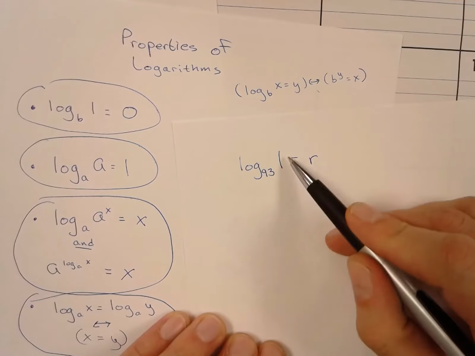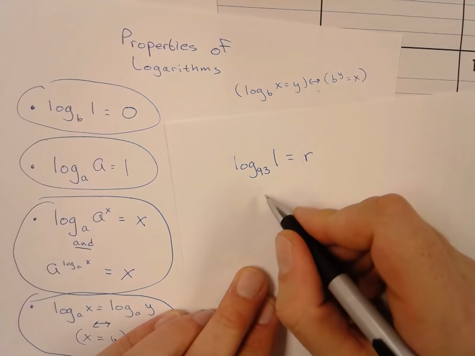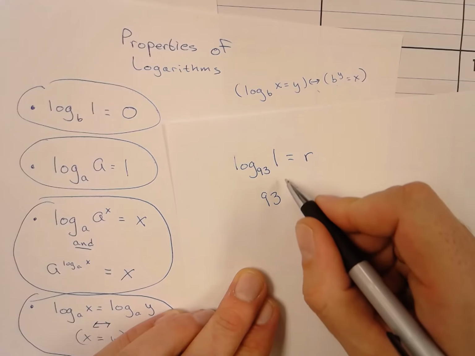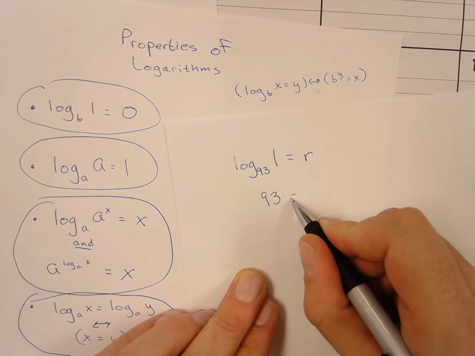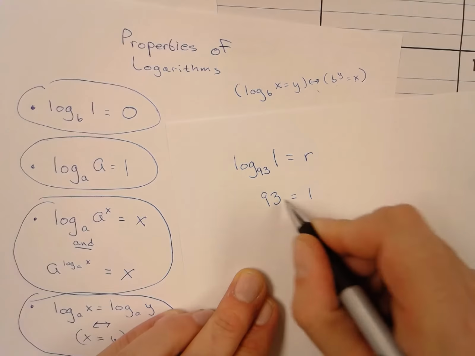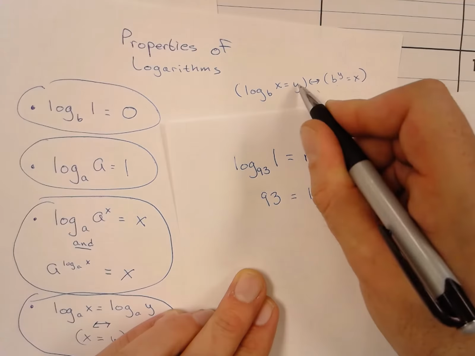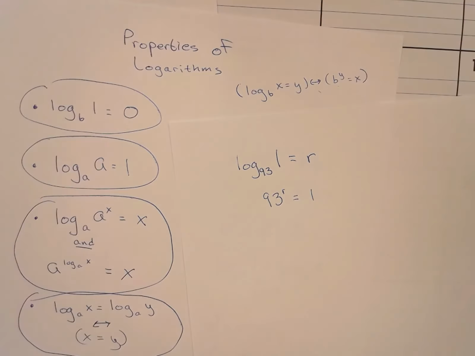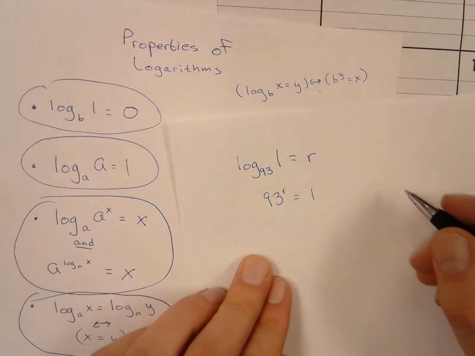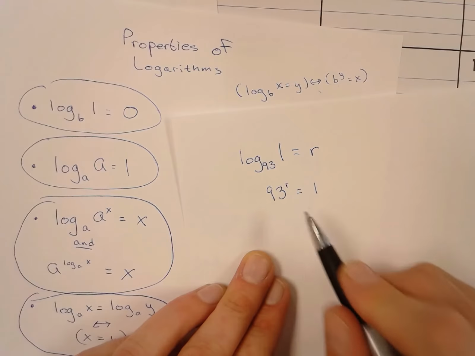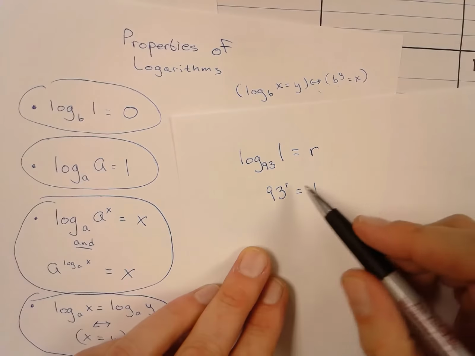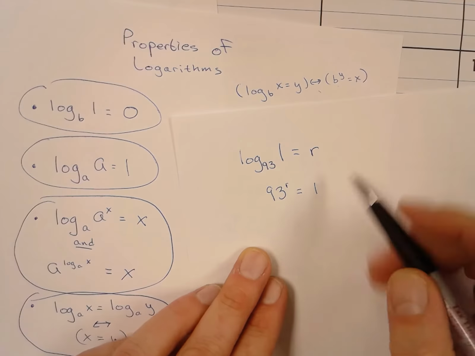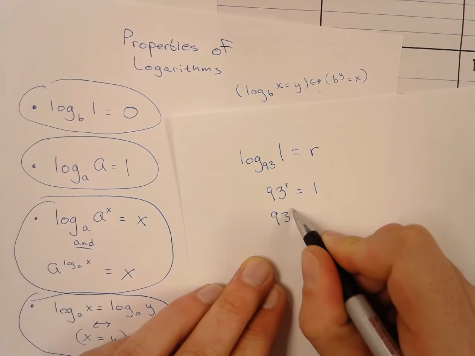So applying this definition to this problem, 93 is the base in exponential form. The answer in exponential form is 1, and the exponent in exponential form is going to be this variable r. The logarithmic expression itself is basically the exponent. And then hopefully you remember that some non-zero number raised to the 0 power will always equal 1.